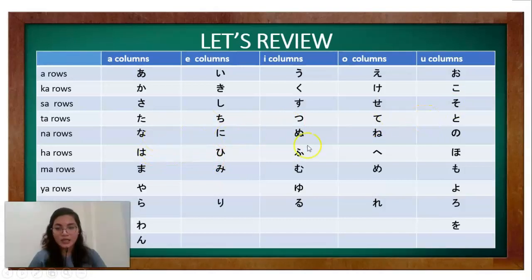Na, ni, nu, ne, no. Ha, hi, fu, he, ho. Ma, mi, mu, me, mo. Ya, yu, yo. Ra, ri, ru, re, ro. Wa, o, n. Okay, now please try it by yourself.